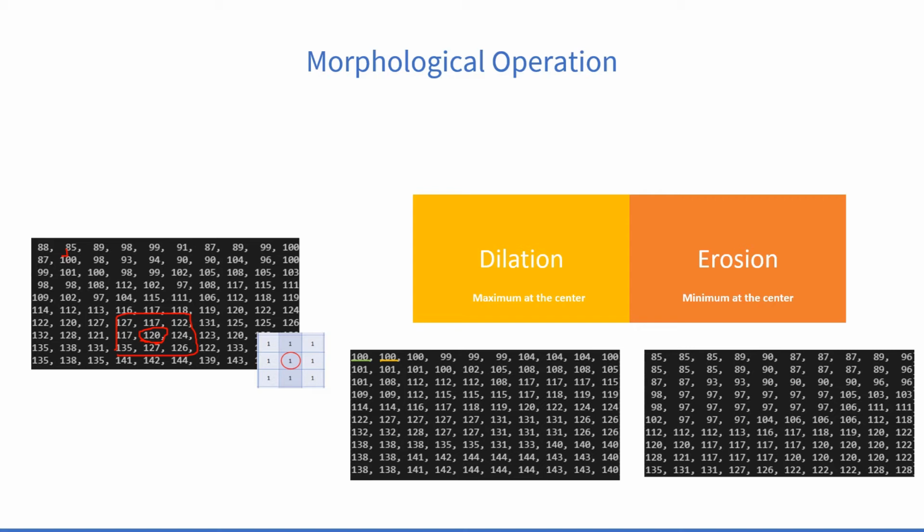It's 117. So here we will replace it with 117. This is called erosion.